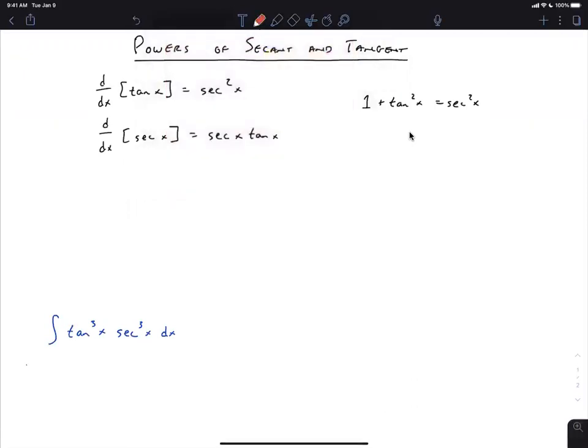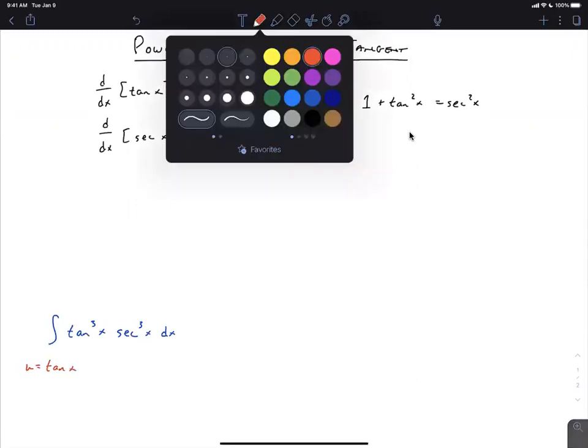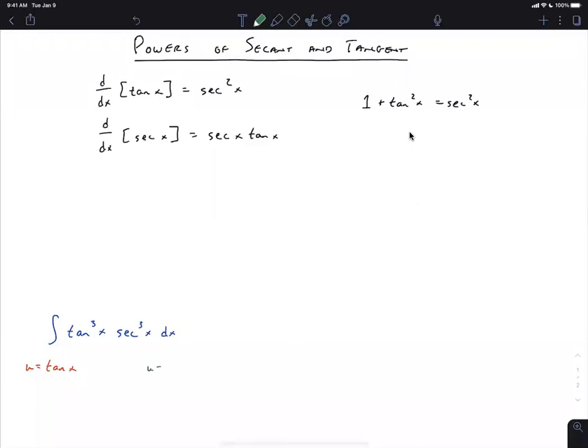Do I want to let u equal tangent x, or do I want to let u equal secant x? If I let u equal secant, du is secant x tangent x dx. And if I let u equal tangent, du is secant squared x dx. And so let's look quickly through both approaches.